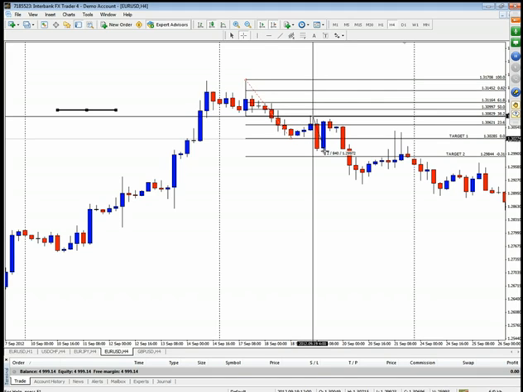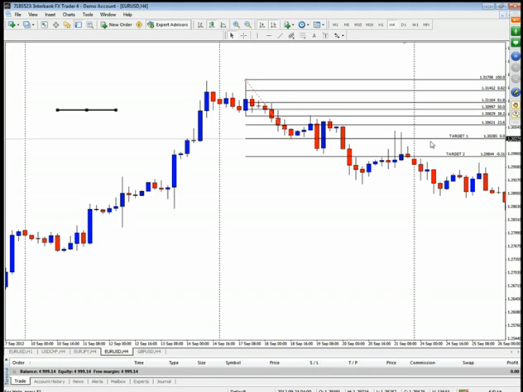Your target wasn't a 1-to-1. If you're going to target one, it was only basically a 50% win to the first target, as opposed to the amount that you're using for your stop. So it's all up to you.